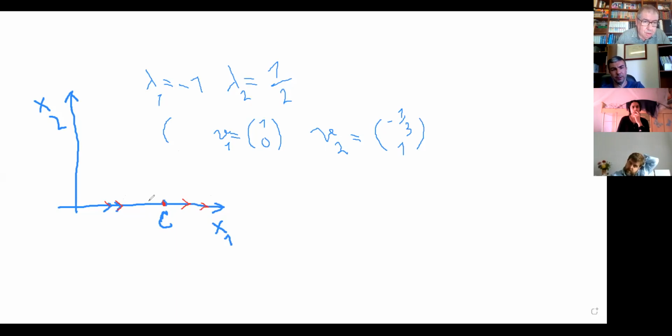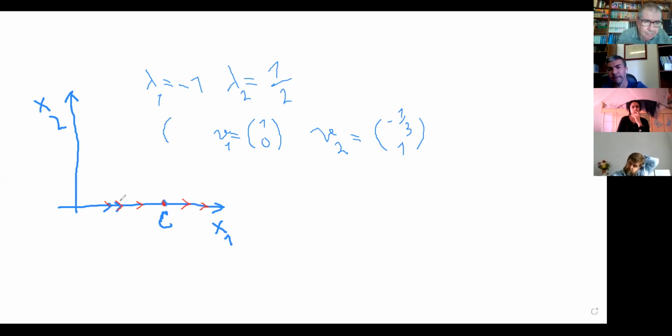But what are you drawing? What is the meaning of those arrows? If we move from the origin, it will go toward 1, and the 0 is the x.